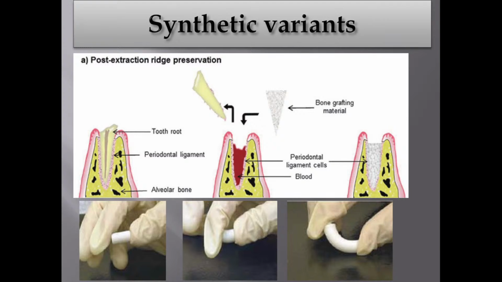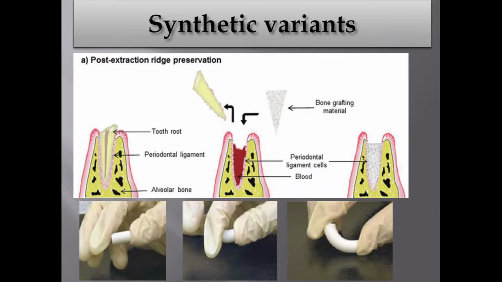The desired factors and proteins are removed from the mineralized tissue by using a demineralization agent such as hydrochloric acid, for example. The mineral content of the bone is degraded and the osteoinductive agents remain in the demineralized bone matrix, or DBM.